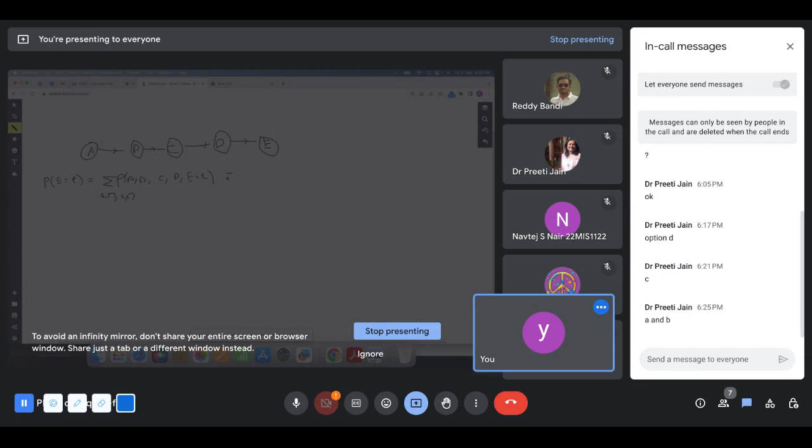If you remember the way you factorize these things in directed graphs, it is nothing but each node given its parent.